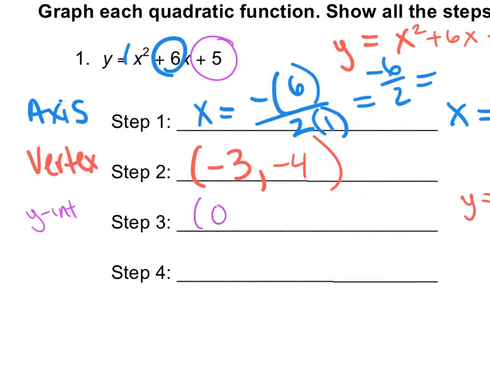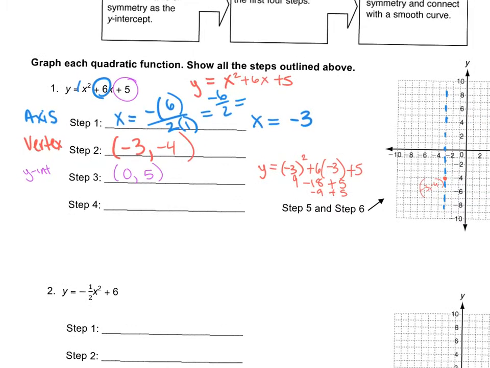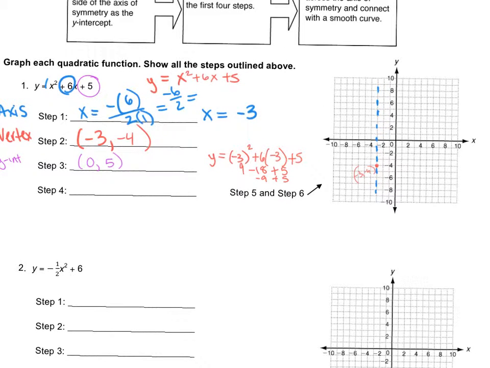So I am 0, comma 5. Is it always 0? Yes, y-intercept is the value of y when x is 0. So if c is 5, it means your y-intercept, where you cross the y-axis, is located at 0, comma 5. That is a point right there that I know I can graph.